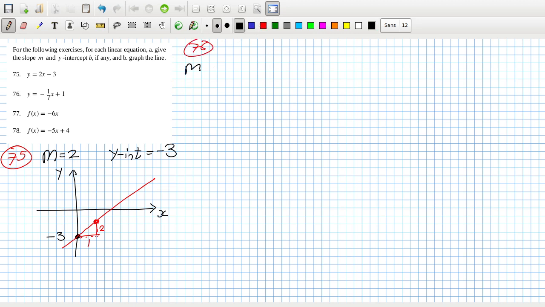The slope is minus 1/7, and the y-intercept is 1. Again, quick sketch here. So that's y, and that's x, and we're crossing the y-axis at 1. And the slope is downwards, but not too steep.